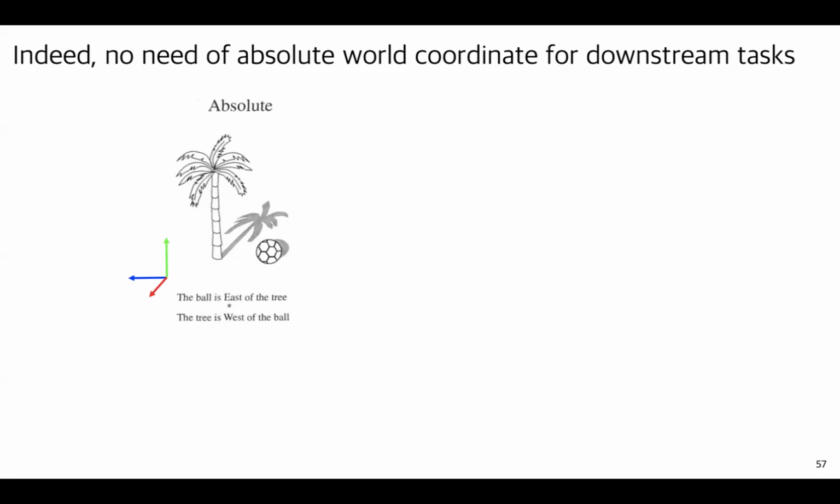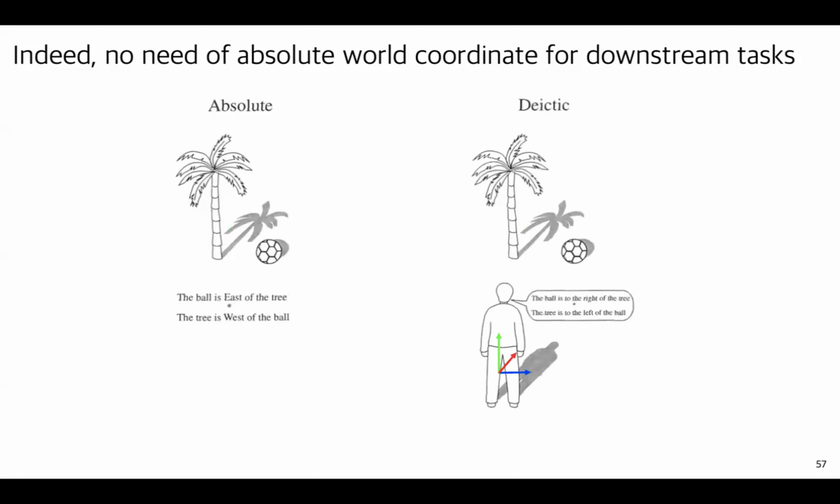For example, we can define the origin on the Earth. We can even define it on the moon. We can define it here and there. But what really matters for our daily life, for how we interact with the world, for humans, for robots, and for autonomous driving cars, is how we are with respect to the environment. So the relative coordinate system matters the most, right?